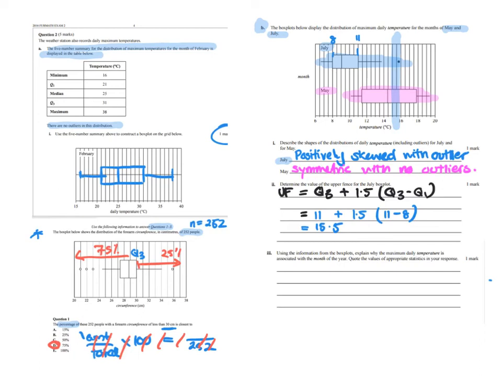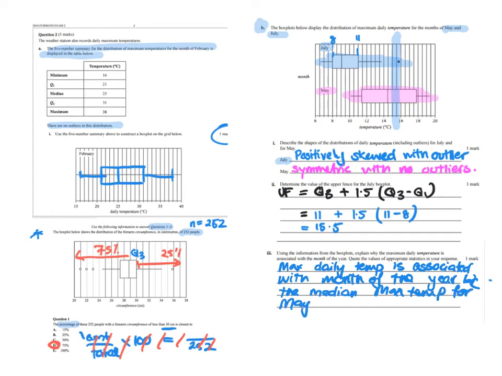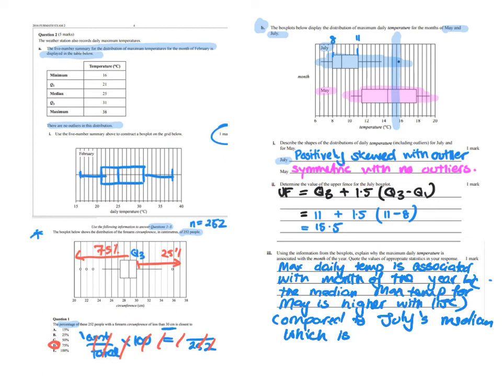So I just say that maximum daily temperature is associated with month of the year because the median max temp for May is higher, with, what's May's, I don't know, I'm going to say it's roughly 15 degrees Celsius, compared to July's median, which is, I don't know, 9, yeah?